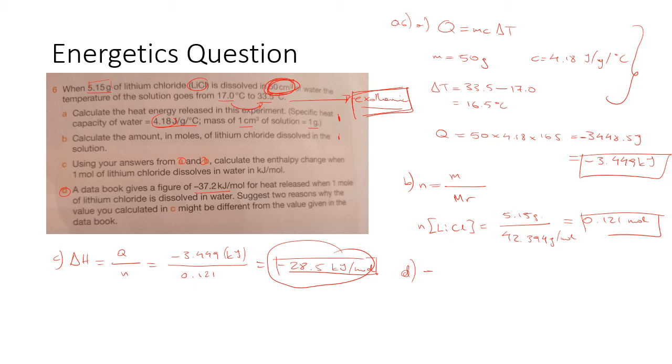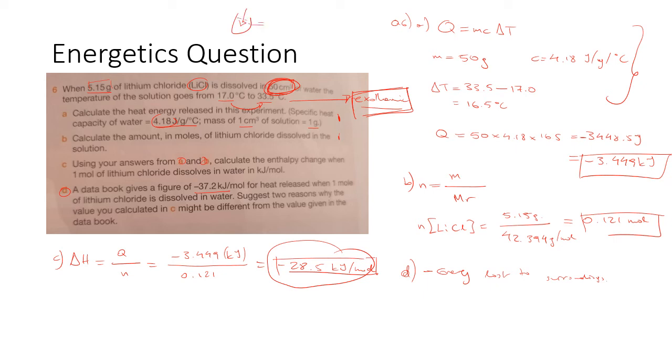So one of them, which you can answer pretty much all the time you see these questions, and it's going to be right, you're going to get the points most of the time, is that energy is lost to surroundings. Of course, when we have a beaker, I'm going to draw the diagram over here at the top, we have a beaker and we put a thermometer in it, and we have the solution.